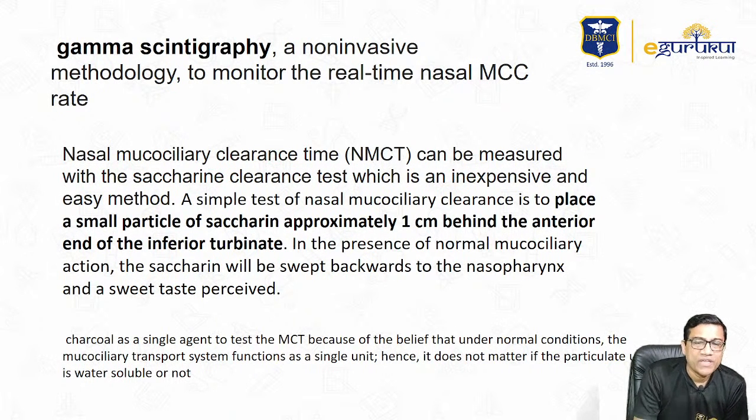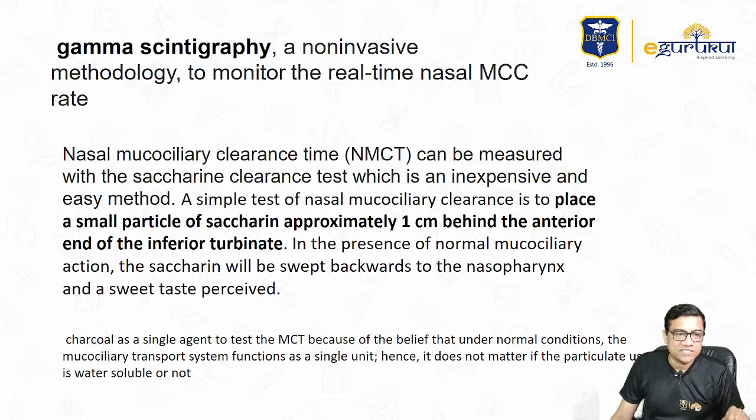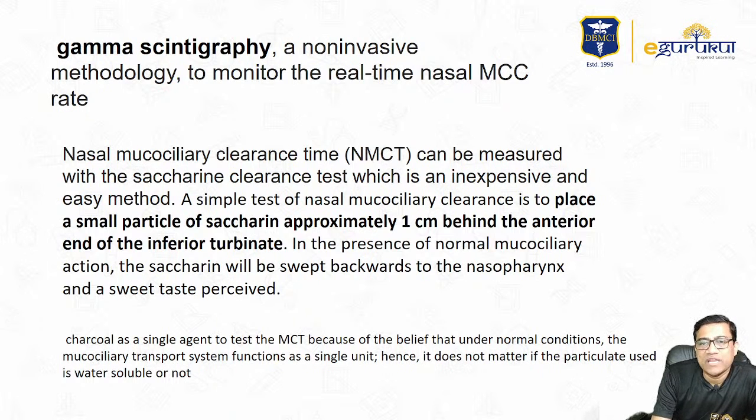How do you do it? They will put a small particle of saccharin 1 centimeter behind the anterior end of the inferior turbinate, and if it is normal, this saccharin will be swept backward to the nasopharynx and the person will perceive a sweet sensation. This is called the nasal mucociliary clearance test.